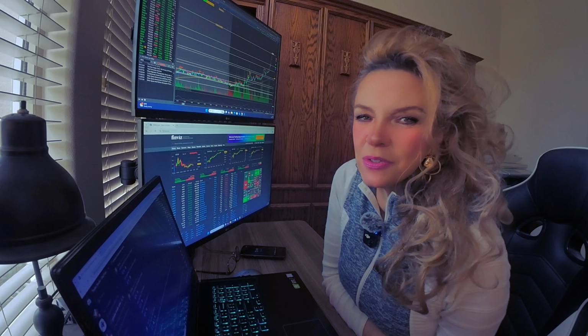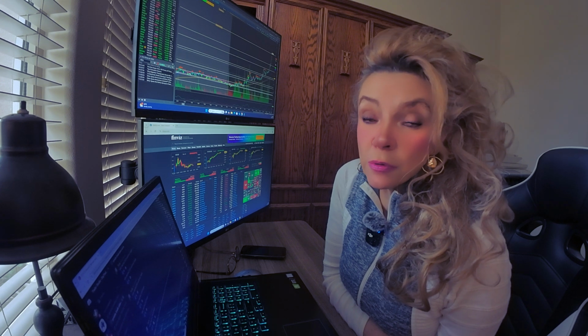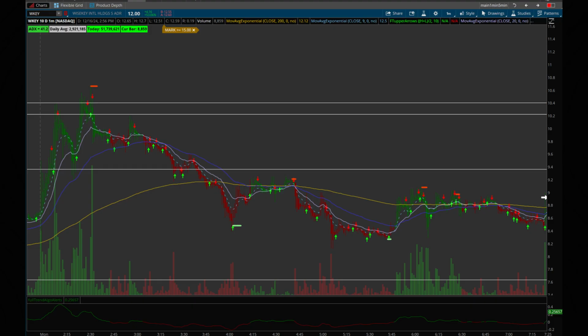So let's talk about the 200 EMA setup and why it's such a powerful tool for reversal trading. The 200 EMA, or exponential moving average, acts as a dynamic support or resistance level. For WKEY, the pre-market sell-off below the 200 EMA set the stage for a potential reversal. A 200 EMA reclaim would indicate that buyers had regained control, signaling a trend change.